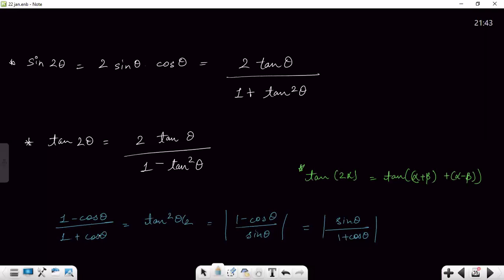So you can understand this by solving 1 minus cos theta. 1 minus cos theta is what? It is 2 sine square of theta by 2. Sine theta is what? Now here you need to understand that sine 2 theta is equal to 2 sine theta into cos theta. Then sine theta will be equal to 2 sine of theta by 2 into cos theta by 2. Let me show you.